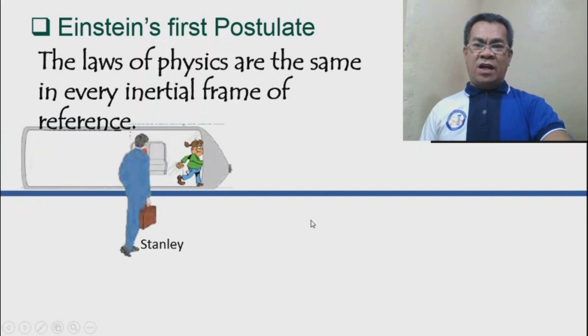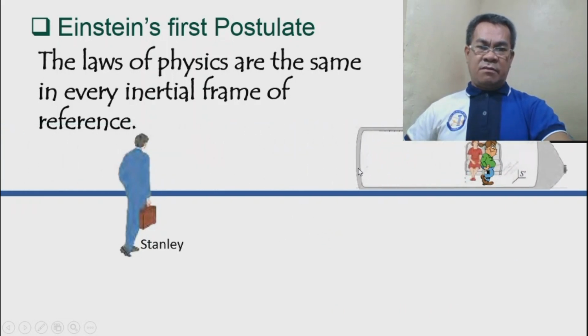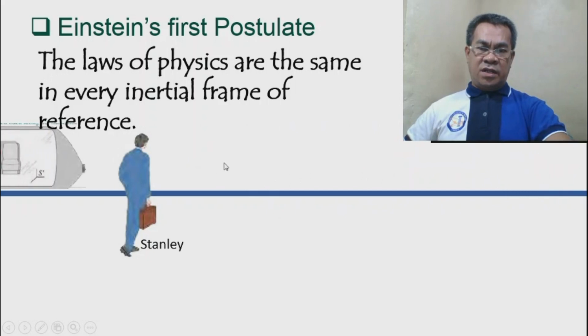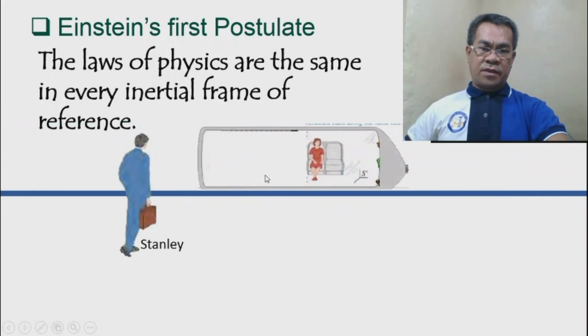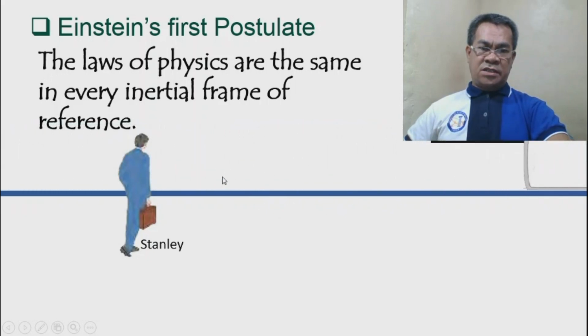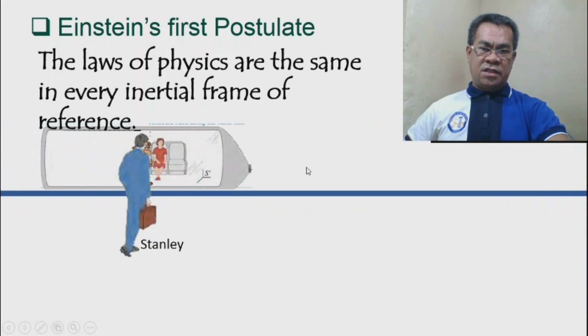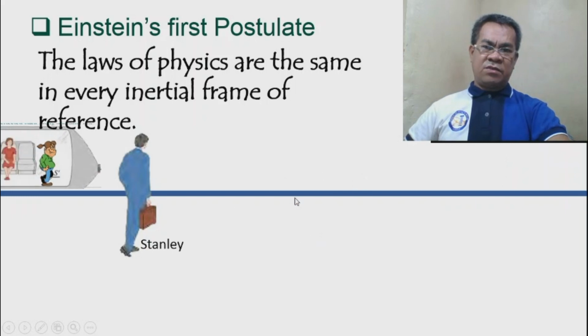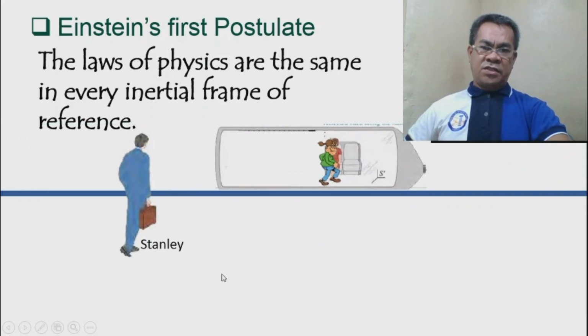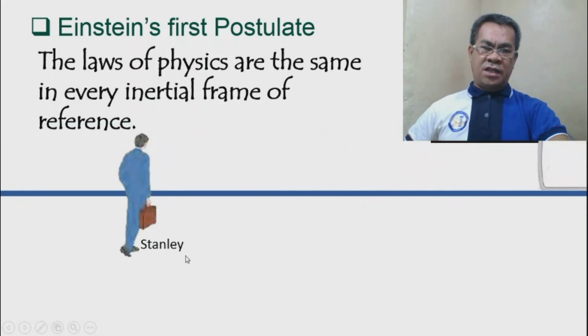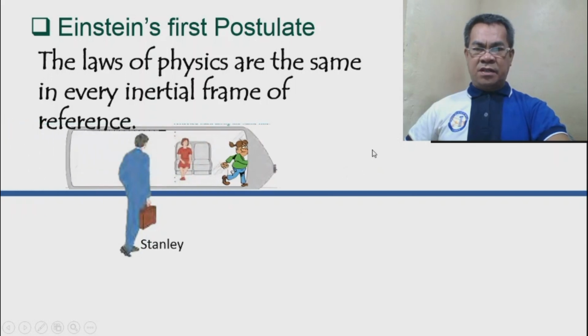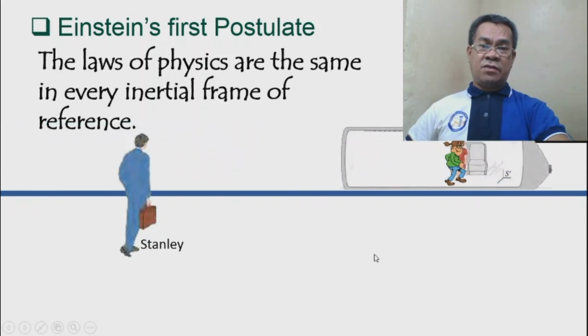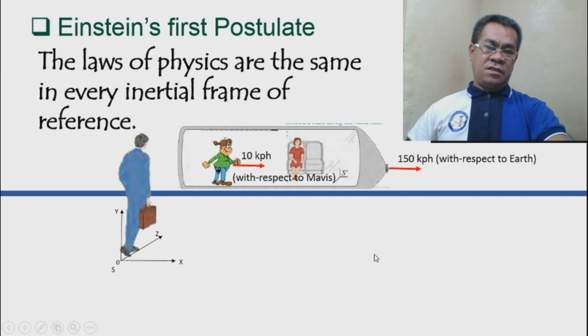So what will happen if the man is moving within the train and the direction of the man is the same direction as the train? The question now is, what is the velocity of the man based on observer A, Stanley, and observer B, Mavis? So how do you answer the problem?